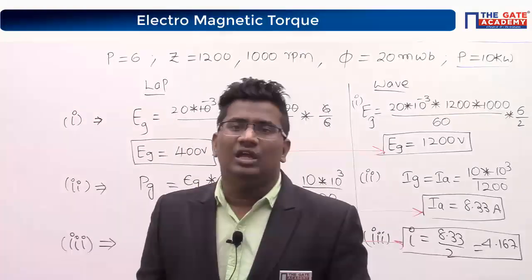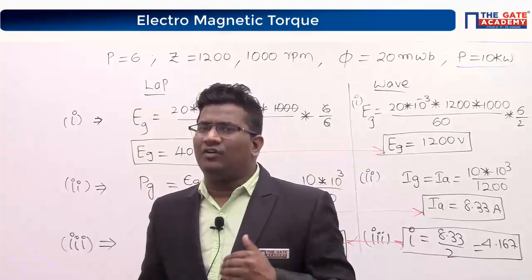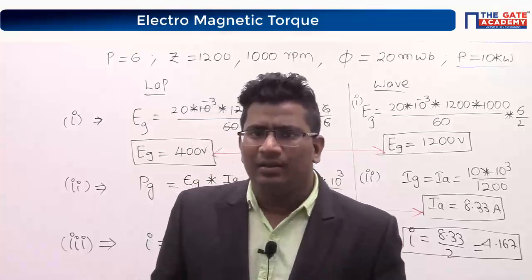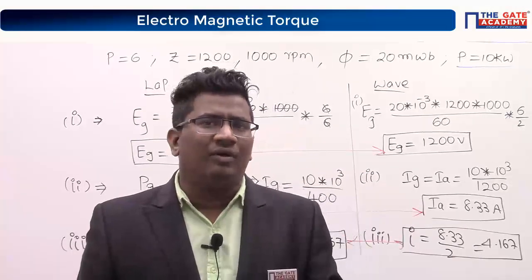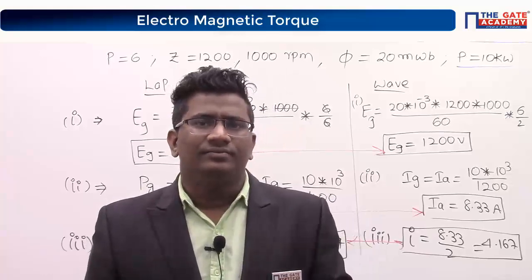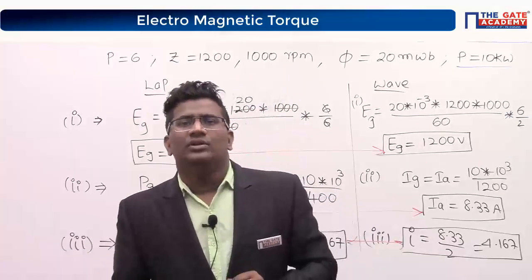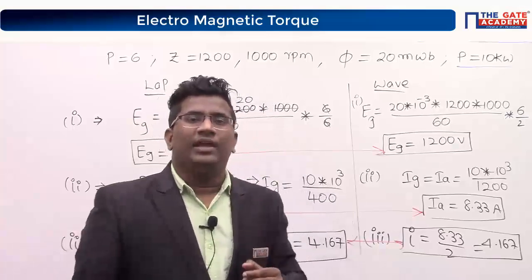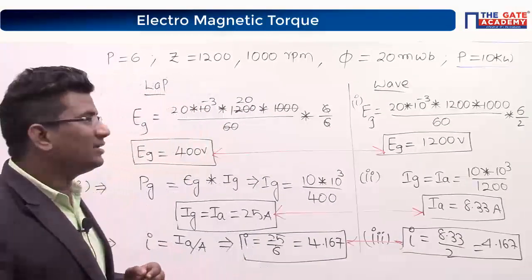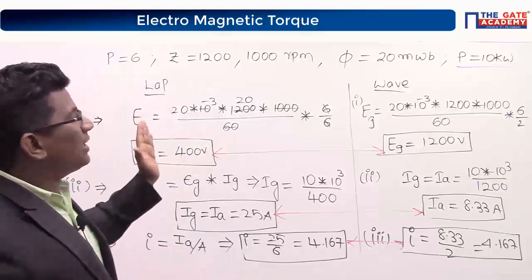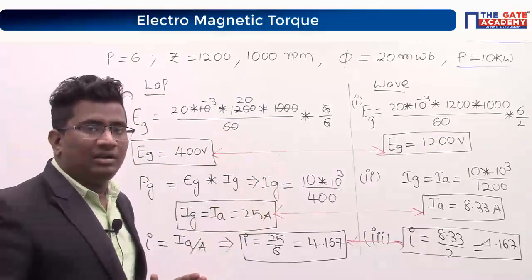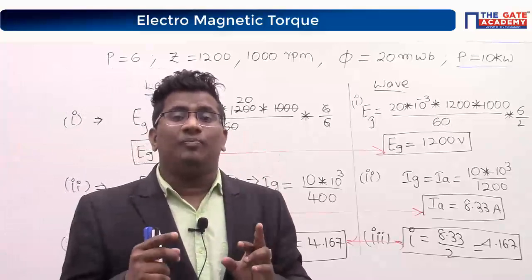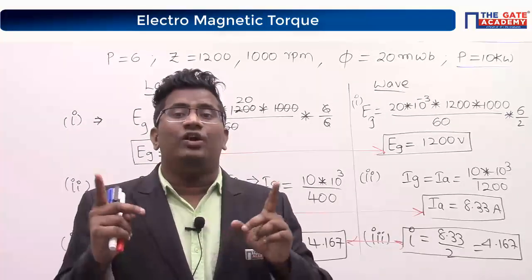Therefore, can I say your machine will not feel any overburden, right? Yes or not? Therefore, can I say that lap connection and wave connection are used depending upon the requirement of the load.